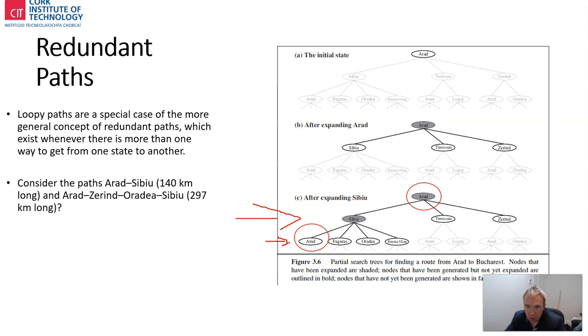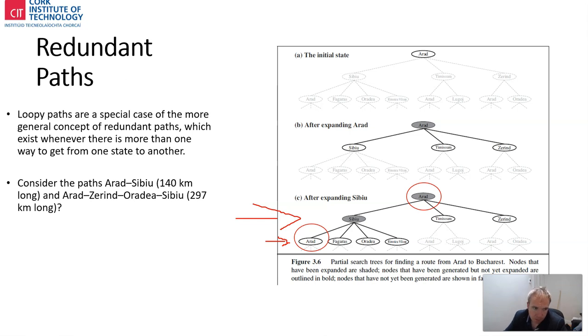But we don't need to consider loopy paths, and there's a rationale for this. Because the path cost, that's the cost of taking the action going from Sibiu to Arad, is additive and non-negative, a loopy path to any given state will never be better than the same path with the loop removed. So eventually the cost will differentiate it as a goal state. Okay?